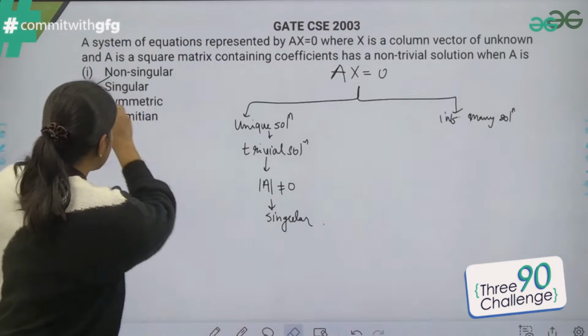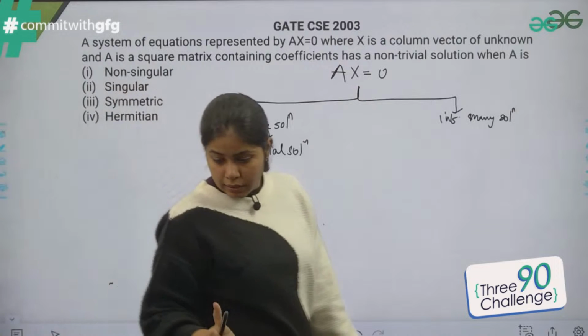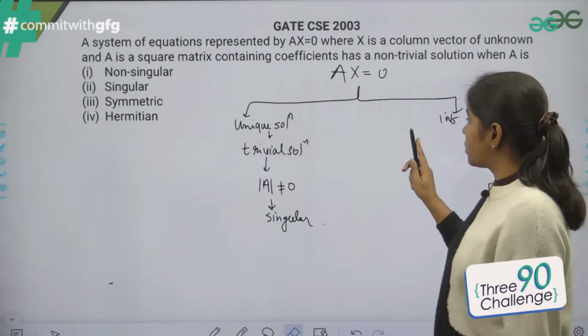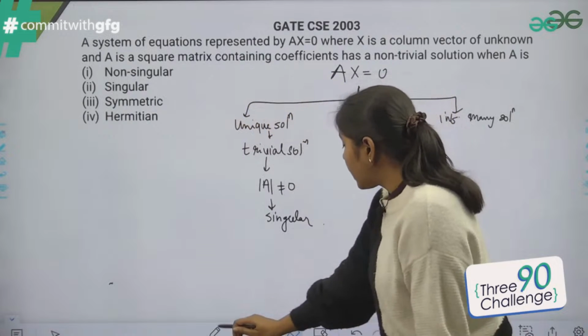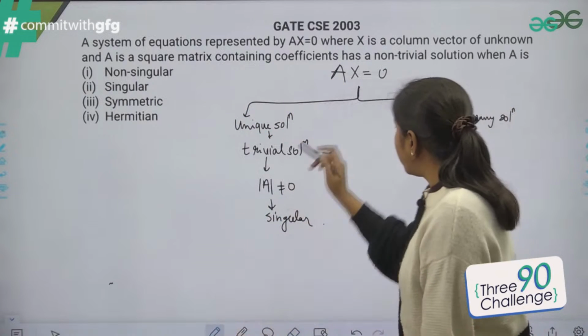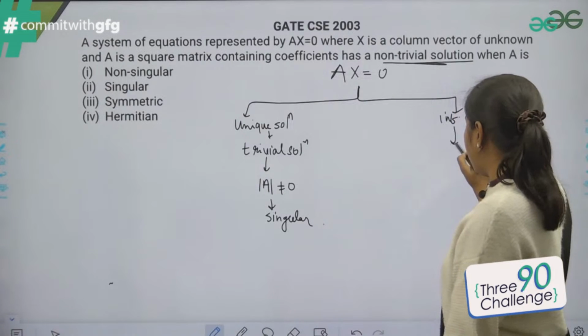But the question is saying, okay, so guys, Danish, option C is correct. Option A is correct because they are saying A is a square matrix containing coefficients and has a non-trivial solution, right?